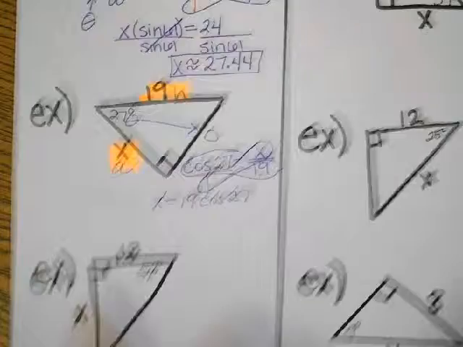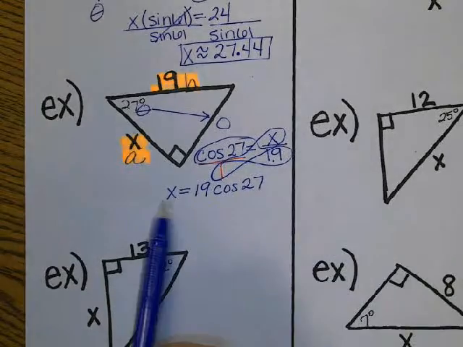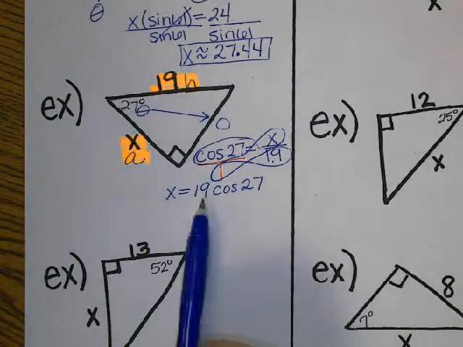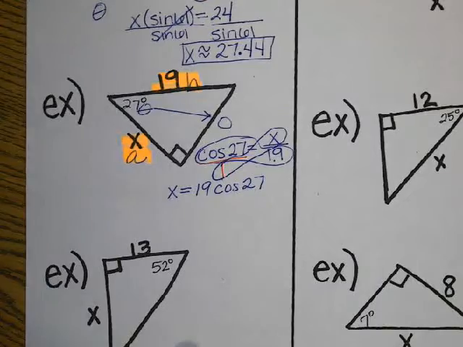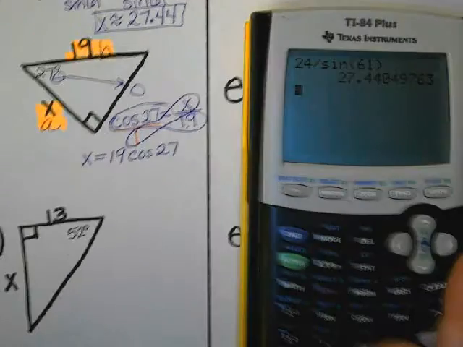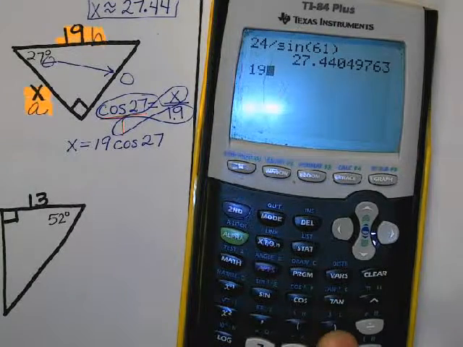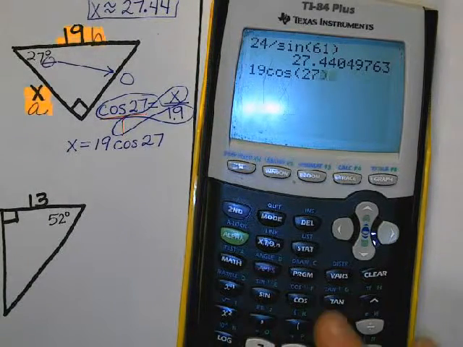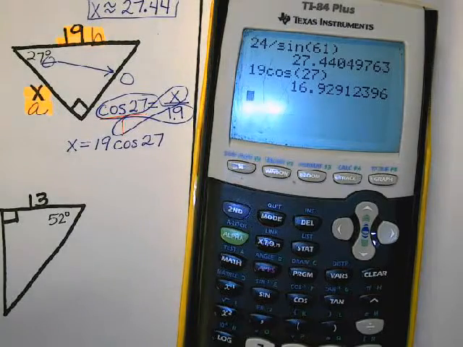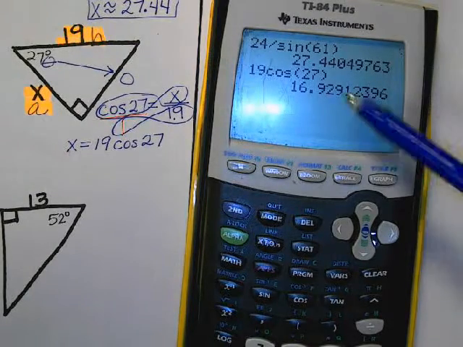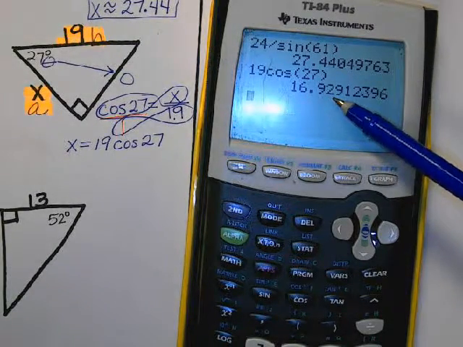This cross product is 19 times cosine of 27. So this problem is way easier to solve because I already have x all alone, and all I have to do is multiply that on my calculator. So I take out my handy dandy TI-84 Plus graphing calculator, and I type in 19 cosine of 27, and I get my answer. Now remember, we're rounding for money, so we're going to look at this 2.